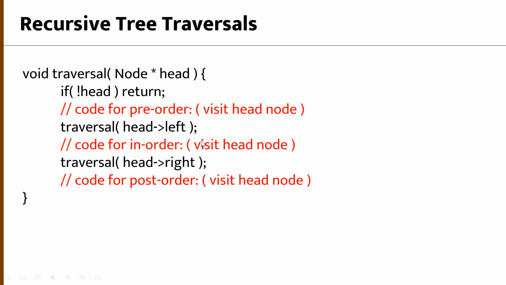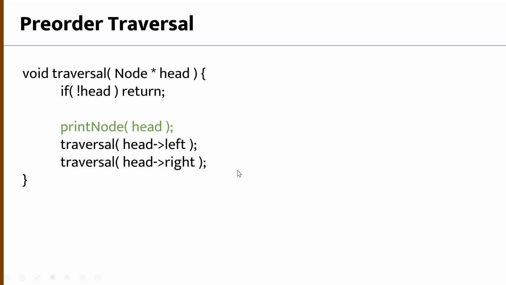For in order, you want to visit the parent between the children. And then for post-order, you'll want to visit the parent after visiting the children. And once again, like any recursive function, you do need a base case. So this first if statement right here is our base case. And to actually be able to print out these traversals, you pretty much just need a print node function.